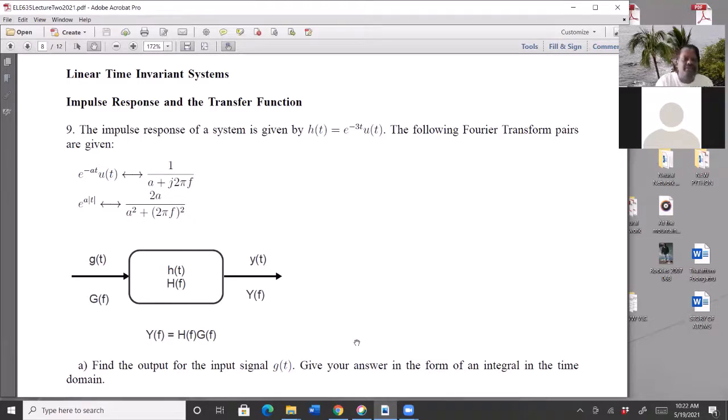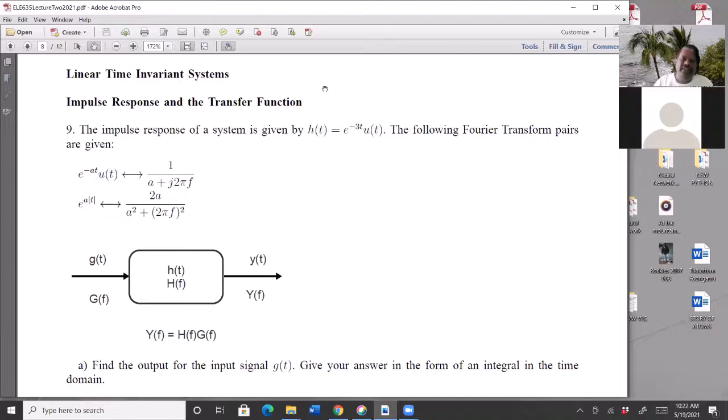But at least I want to mention what is linear. By linear we mean, so you have a circuit or system. Let us say you input x1 of t and you get y1 of t as the output. Let us also assume when you input x2 of t, you get y2 of t.